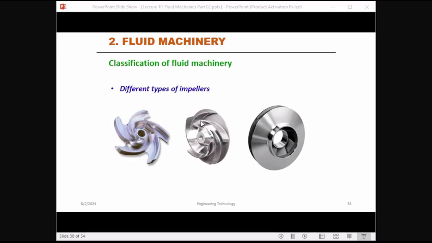Here you can see impeller blades. In this case also you can see impeller blades between these two plates. Okay, between two plates you can see blades fixed here.